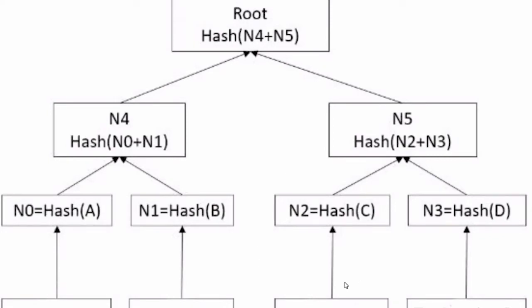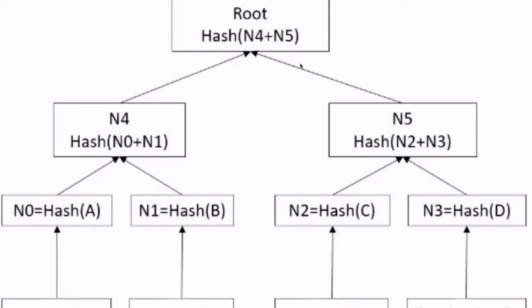So, for example, if transaction C at the bottom changes, then it will lead to its hash N2 changing, and then N5, and also the root. So it is impossible to create a fake transaction within the SPV. In addition, fast troubleshooting can be done by comparing the different hash values of nodes.